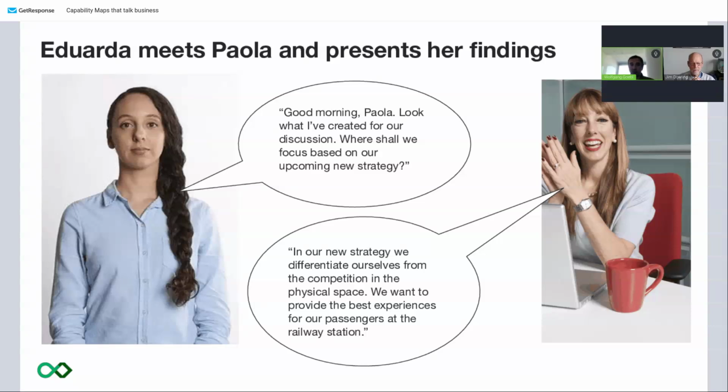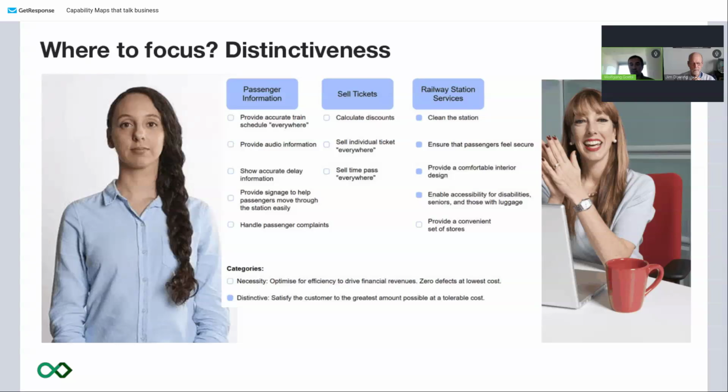And what Eduarda now does, she uses the capability map, the zoomed in capability map, where you zoom into level 4 and mark certain capabilities. So that means, okay, some capabilities are distinctive capabilities. That's where we differentiate ourselves from the competition. It's distinctive. So cleaning the station as part of the new strategy is distinctive.